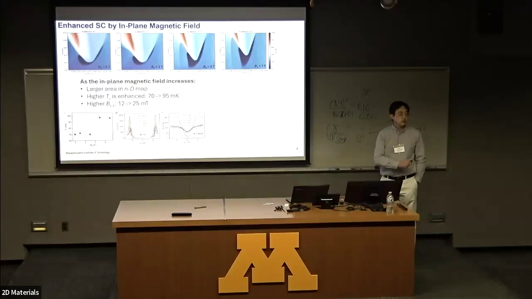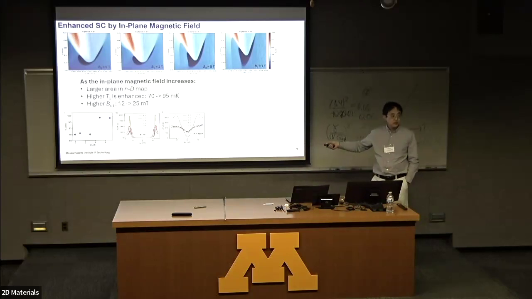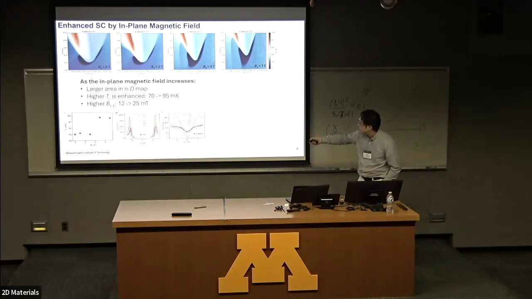And what do we see on the middle plot? The middle plot is just differential resistance as a function of DC current. And these peaks are where you hit the critical current of superconductivity. And that's for different in-plane magnetic fields, at zero perpendicular magnetic field. This one is not so obvious, but if you compare 0 Tesla and 7 Tesla, I think there is a small increase of critical current.